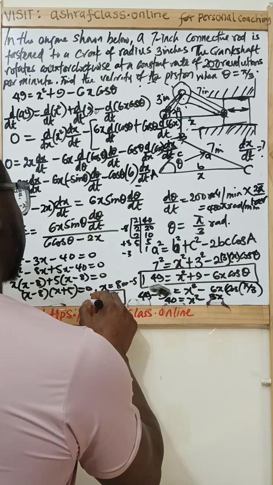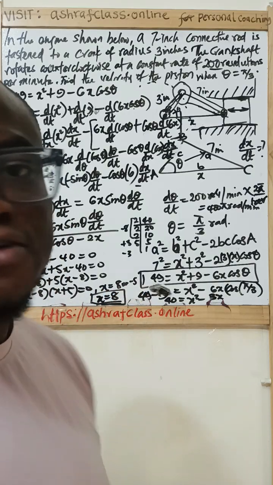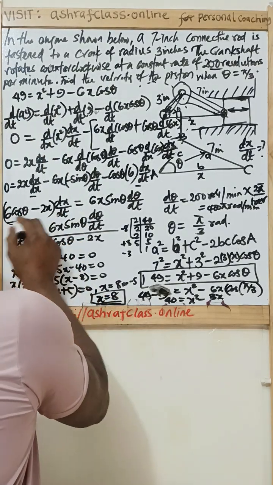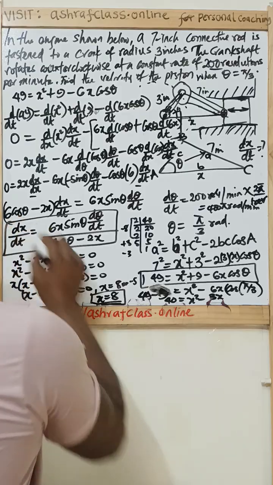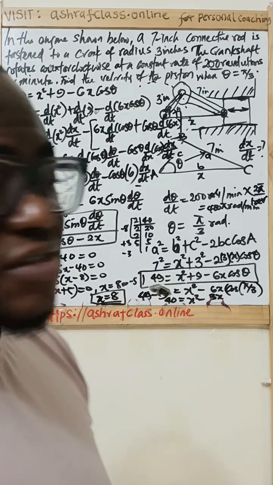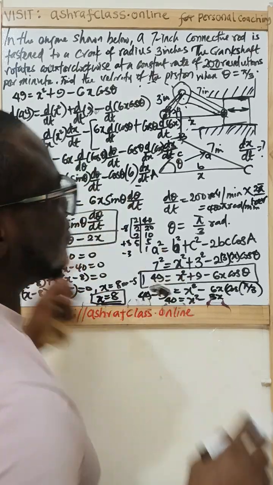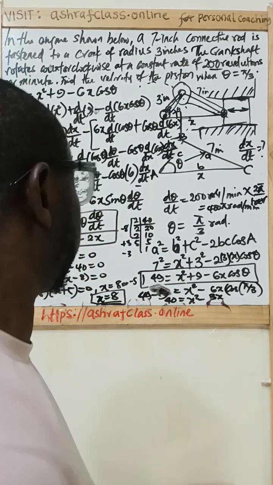Okay? Now that we know x, we can substitute all the values that we know inside this equation here. By the time we slot in those values in the equation, we are going to get our dx dt that we are asked to find. Okay?